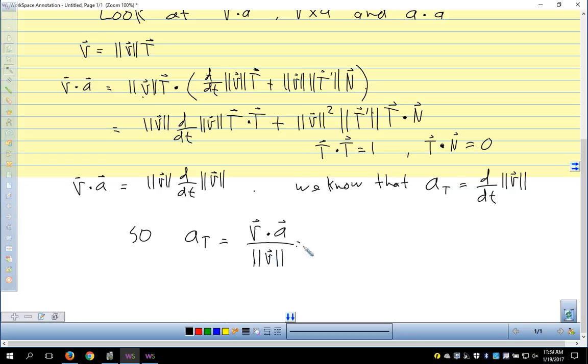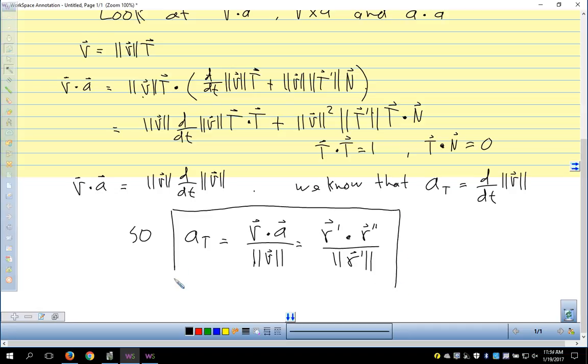And if we write that in terms of our position vector, our acceleration vector, and our velocity vector, we get r prime dot r double prime over the magnitude of r prime. And that's the first of those quantities that we're looking for. We have our tangential component of acceleration in terms of our original vectors and its derivatives.